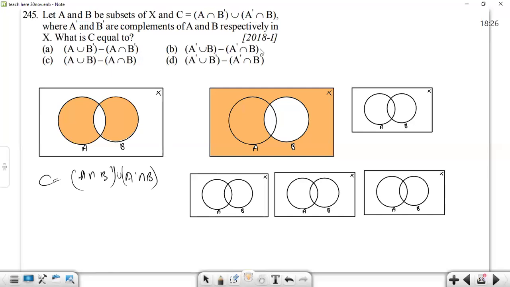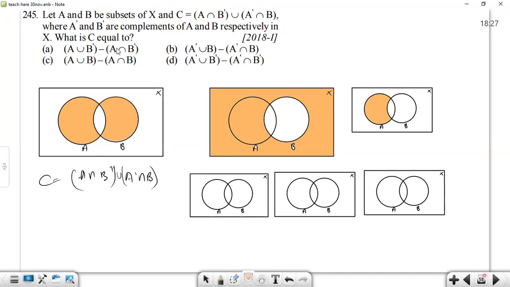We have solved this, the first option, and we have to subtract B complement intersection with A. So this will be the case, right? Do you agree? Because we have just solved for it here. Okay.